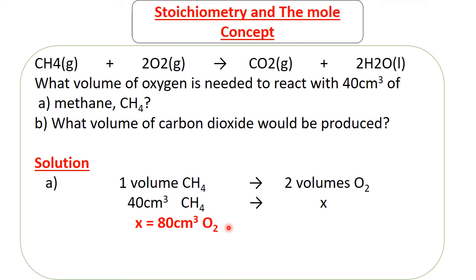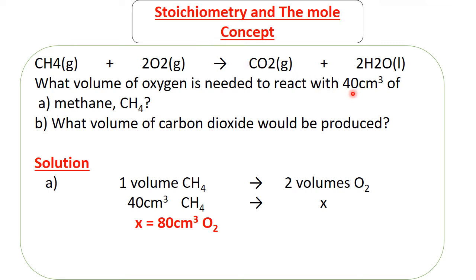Simple. B, what volume of carbon dioxide would be produced? So we won't even solve here, let's just analyze. In this equation, we have 1 mole of methane producing 1 mole of carbon dioxide, meaning whatever volume of methane is going to produce an equivalent volume of carbon dioxide.